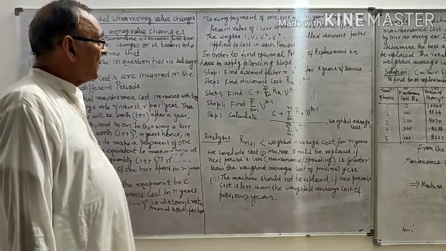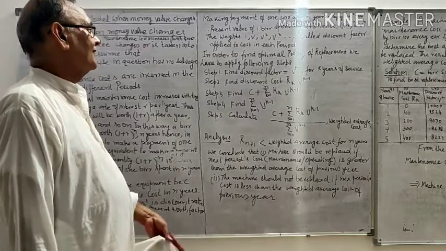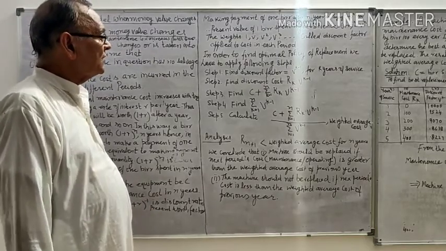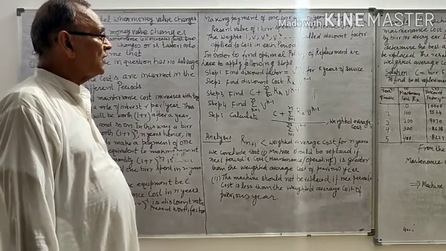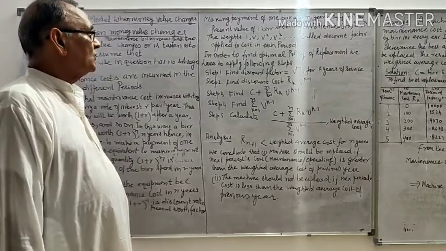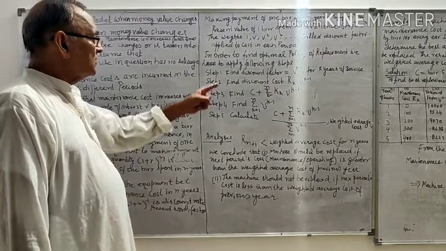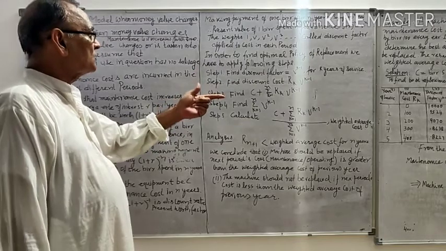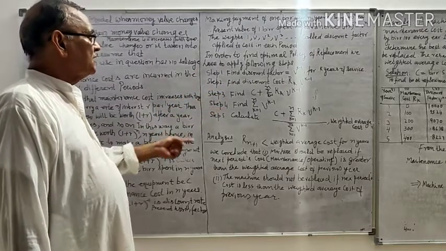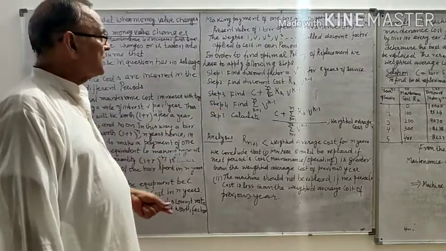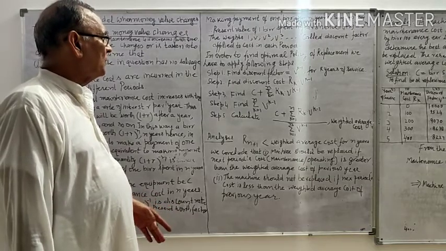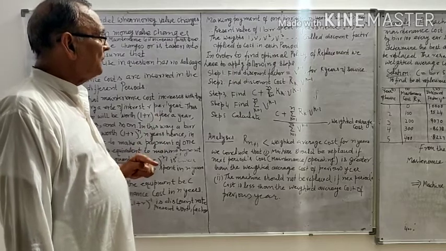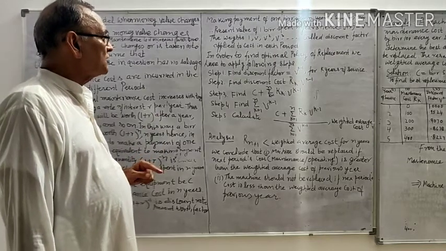Step 2, find the discounted cost: Rk, the maintenance cost in the kth year, into V raised to the power k minus 1. Here k may be 1, 2, 3, 4 and so on up to n. Step 3, find C plus the summation for k equal to 1 to n of Rk V to the power k minus 1.